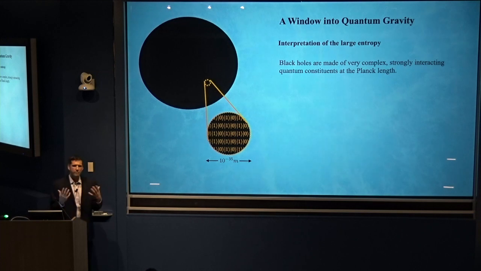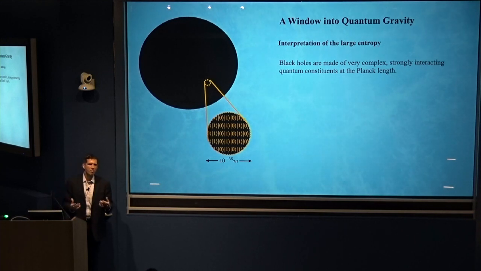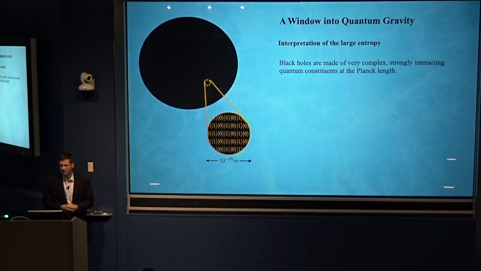But together, the average statistical properties of that gas give us the laws of thermodynamics. So the idea with black holes is that there are some quantum pieces of the black hole that are interacting in some very complex way that give us the laws of thermodynamics that we see when we do these calculations of scattering something against a black hole.